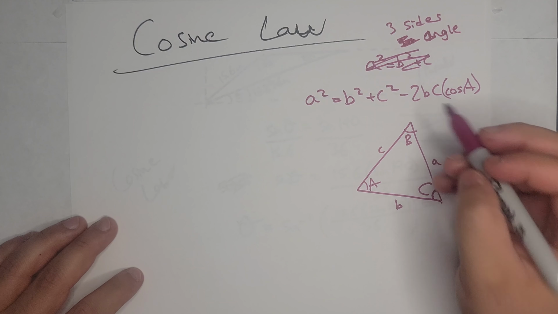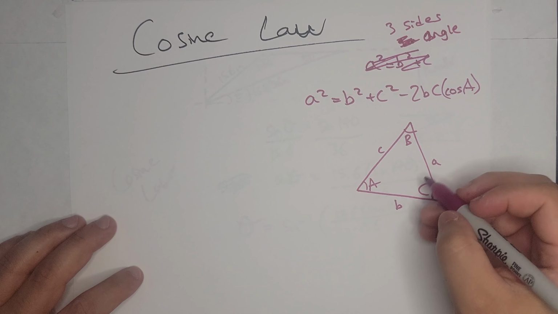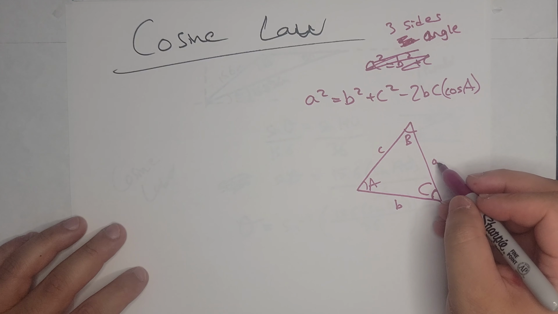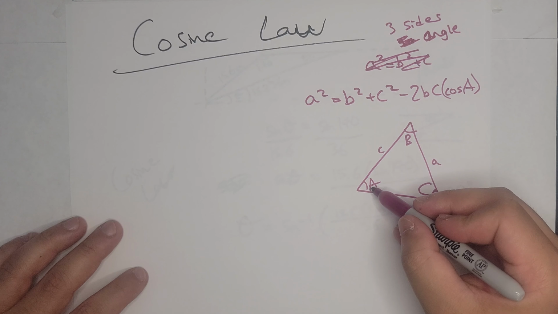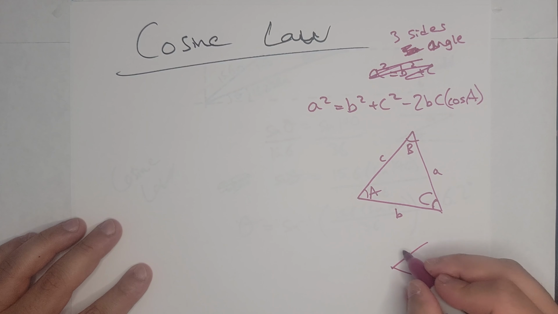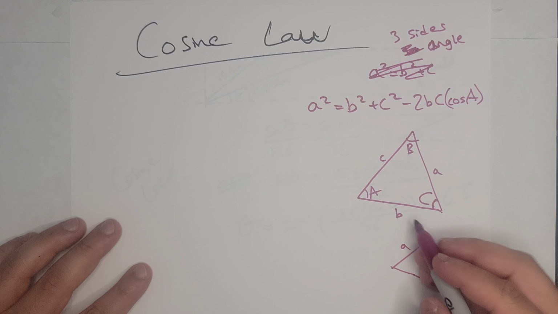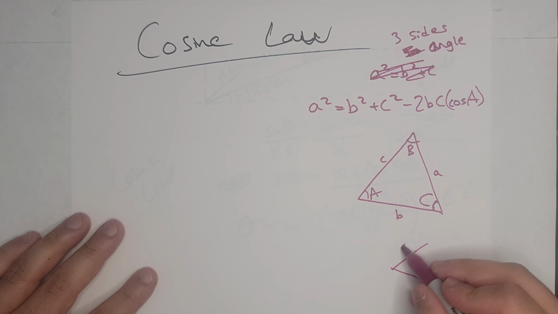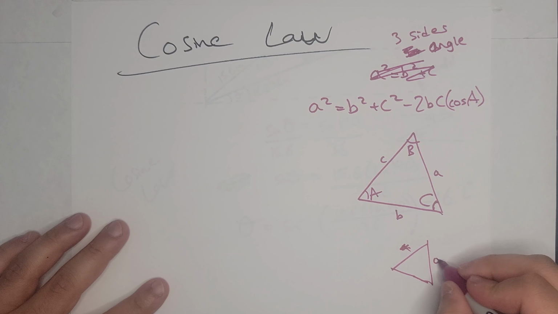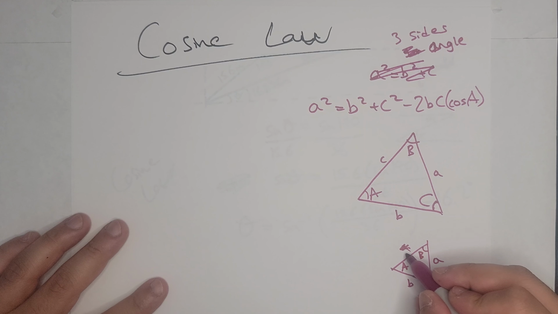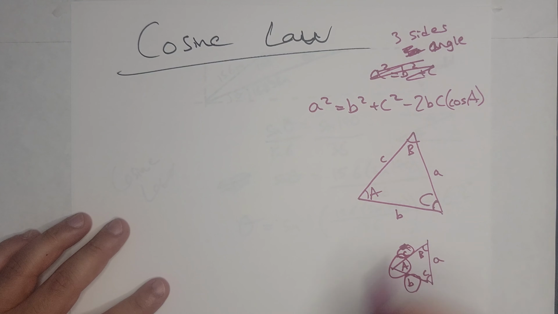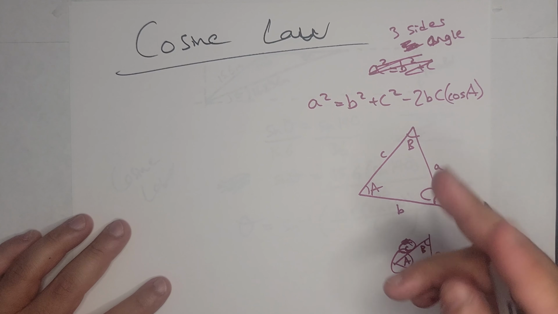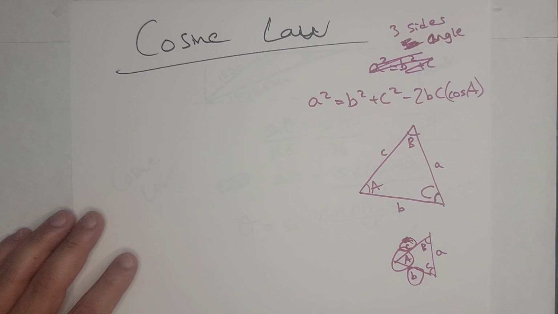If I have A, B, and C, similarly, if I have, say, C and B, and I have the angle in between, I can use the cosine law to find things.